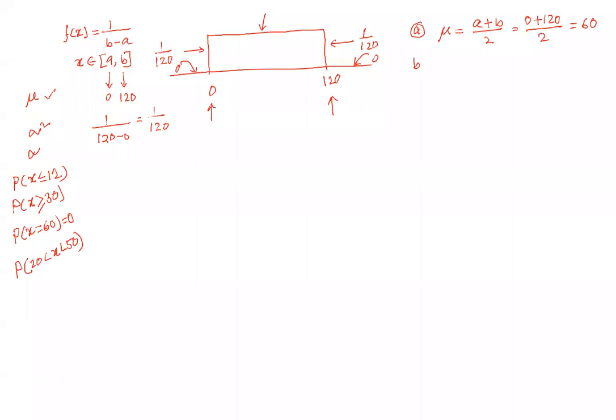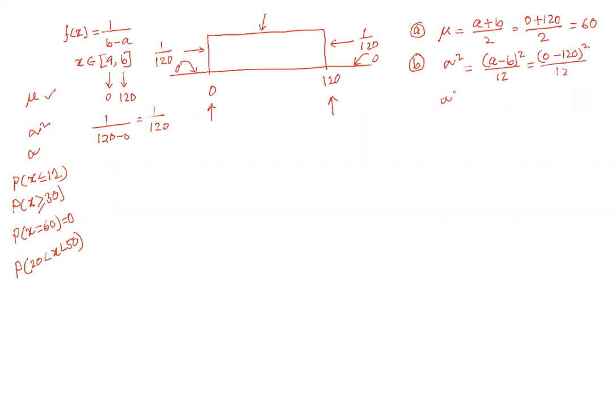Number B, what is sigma square? Remember, sigma square is b minus a whole square divided by 12, which is 120 minus 0 whole square divided by 12.